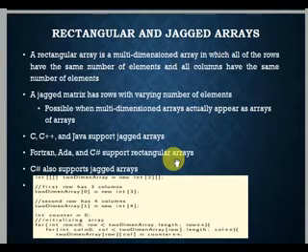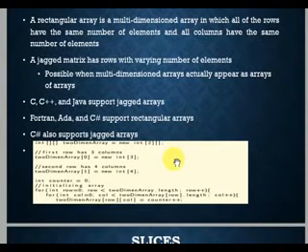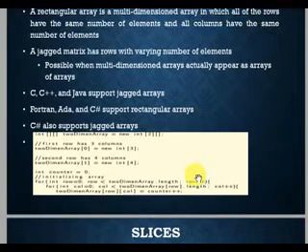In this example, the first row has 3 columns and the second row has 4 columns. So there are different numbers of elements in the rows and columns, which means it is a jagged array.